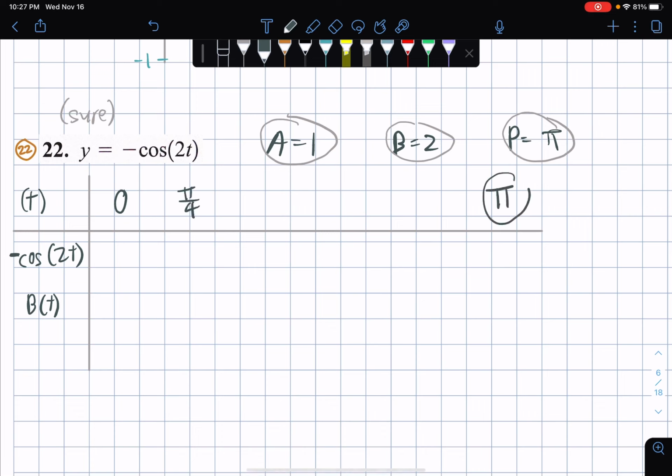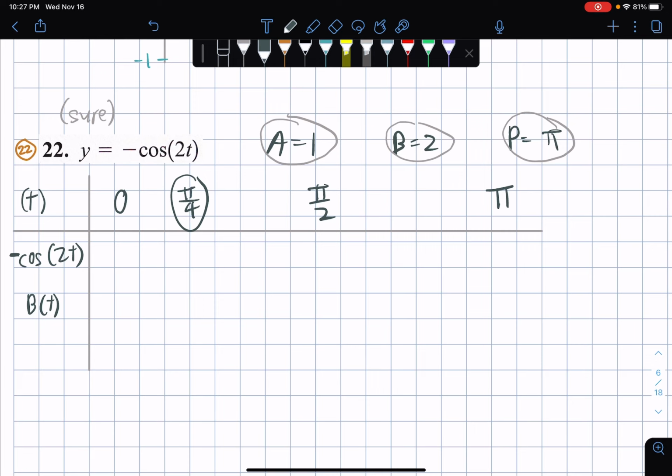Our last value at t, the one at the very right, is pi. If you divide it by 2, that's going to be our value here. Pi over 2 divided by 2 is pi over 4, I suppose.